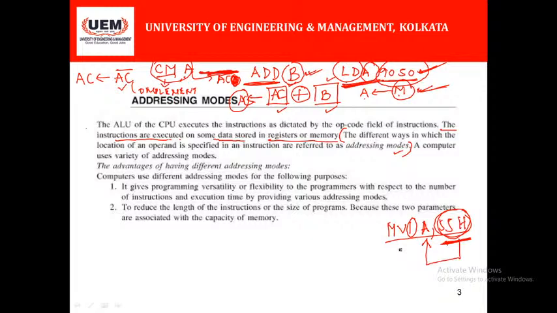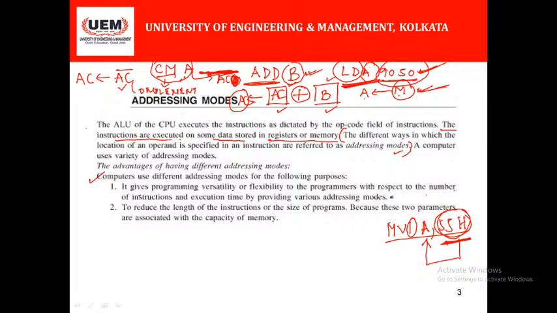So what is the main advantage of using different types of addressing modes? Computers use different types of addressing modes for the following purposes. First, it gives programming versatility and flexibility to the programmer with respect to the number of instructions and execution time by providing various addressing modes.